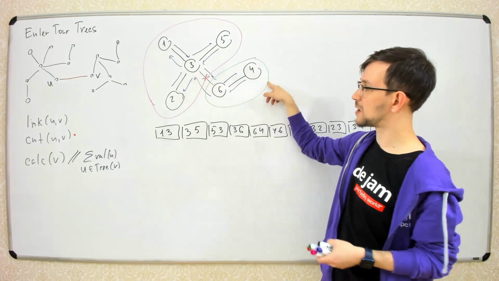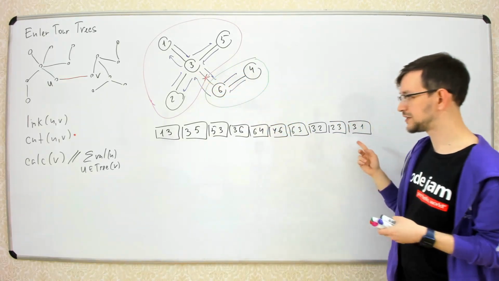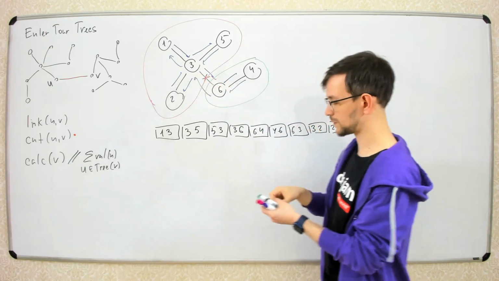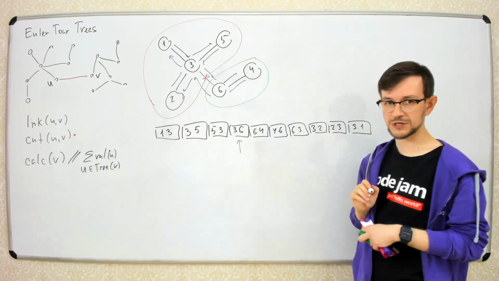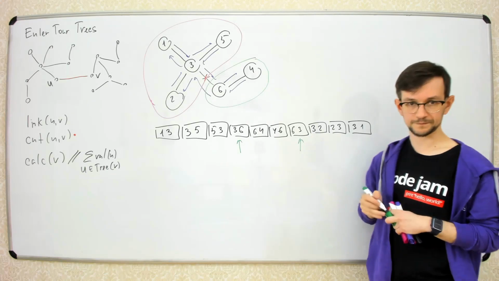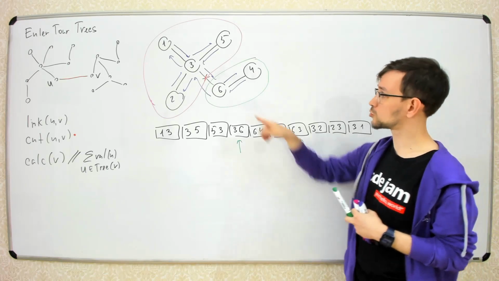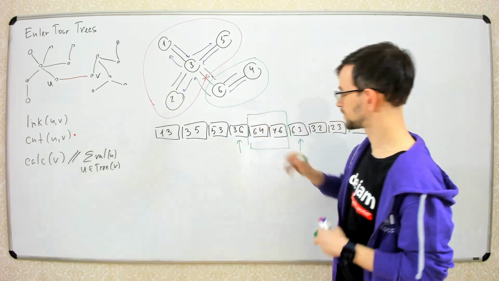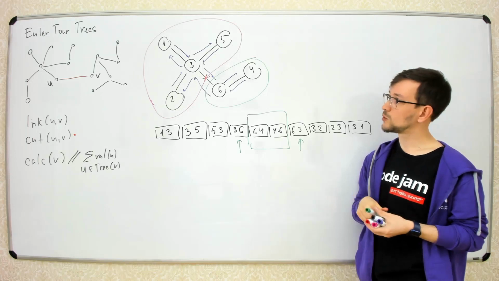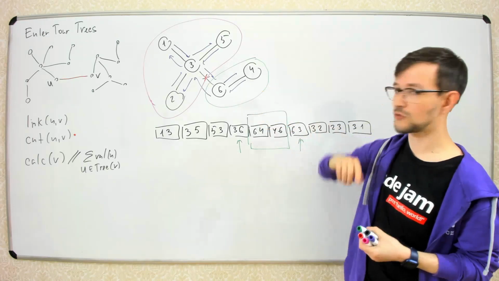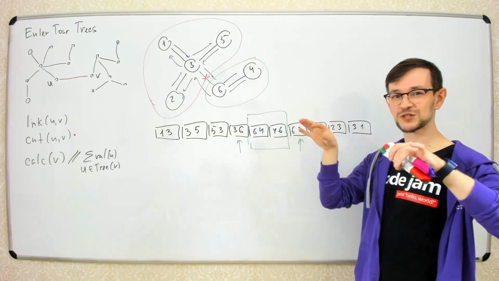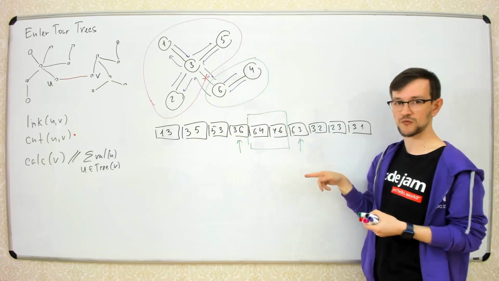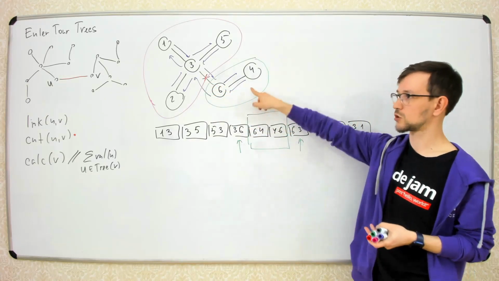So the Euler Tour of this part is simply the segment of the Euler Tour between going from 3 to 6 and back from 6 to 3. When we cut this edge, we simply cut out this part of the sequence, and it is the Euler Tour of this small tree.